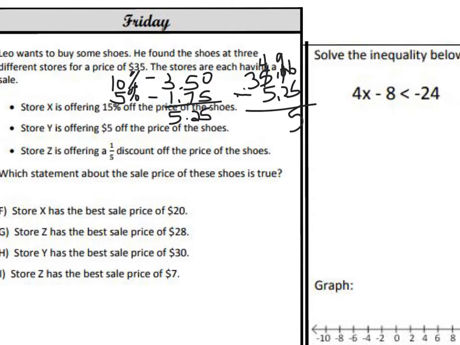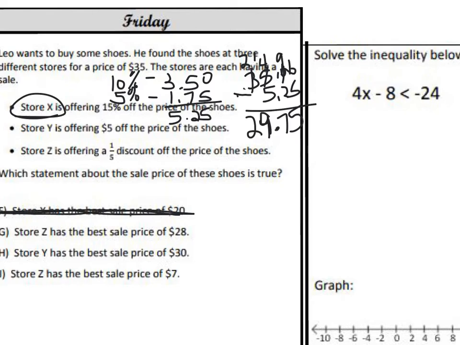So 10 minus 5 is 5, 9 minus 2 is 7. 4 minus 5 we can't do, so we regroup again. So that's 14 minus 5 is 9, and 2 minus 0 is 2. So the price for store X is $29.75. So if you look, store X says has the best sale price of $20. So, well, that's not true, right? So we know that one's going to be wrong.